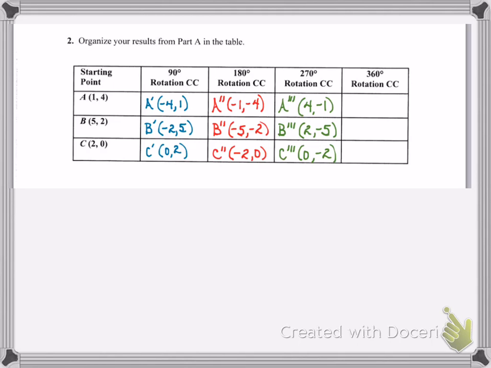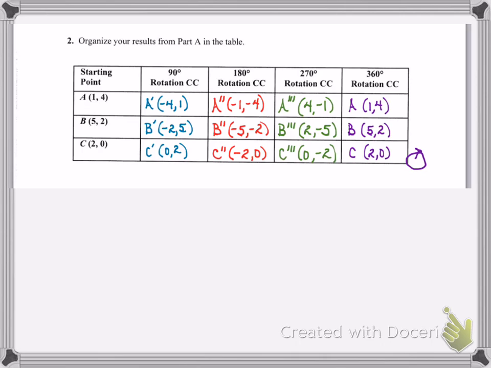So I've just recorded all of the ordered pairs that we found in the questions on the prior page. And the last thing you need to look at is 360 degrees. If you think about 360 degrees, even if we're going counterclockwise, if you're starting at a point, 360 degrees winds you right back up at that point. So these would just be the original ordered pairs: A at 1, 4, B at 5, 2, and C at 2, 0.